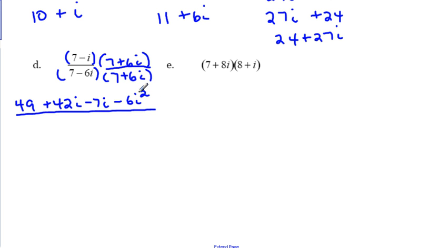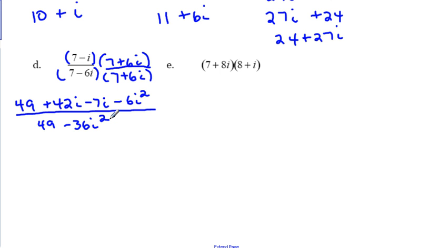And now, if you remember from the previous problems where we were multiplying by conjugates, I said all you have to do is multiply the first and the last of FOIL, not the O and the I, because the O and the I cancel. So let's look at O for a second. Outer is 7 times 6i, that's 42i. Inner is negative 6i times 7, that's negative 42i. Those cancel each other out. So all I have to do is first, 7 times 7 is 49. And last, negative 6i times positive 6i is minus 36i squared.